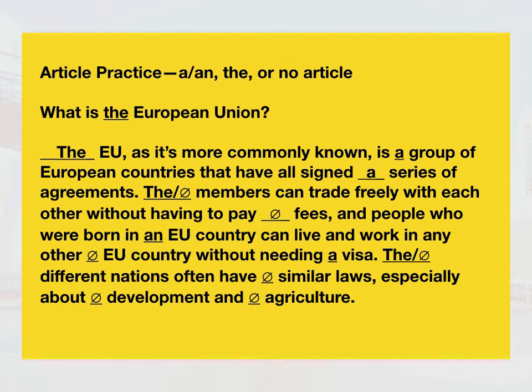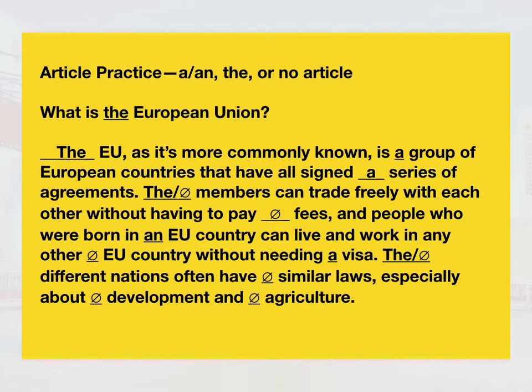The members can trade freely with each other without having to pay fees, and people who were born in an EU country can live and work in any other EU country without needing a visa. Again, here in this case, you could use either the or no article.